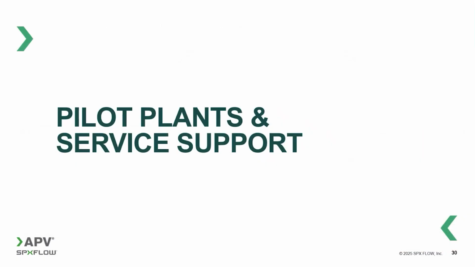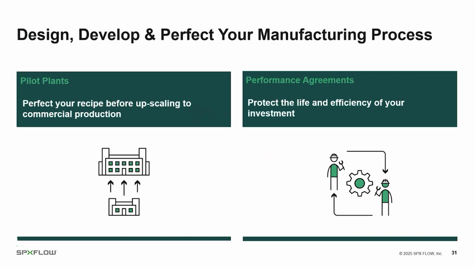Now we move into the pilot plants and the service support. We can offer our customers access to our pilot plants. As we briefly mentioned before, we've got them located in Shanghai, China, Silkeborg in Denmark, and Dubai in the Emirates.